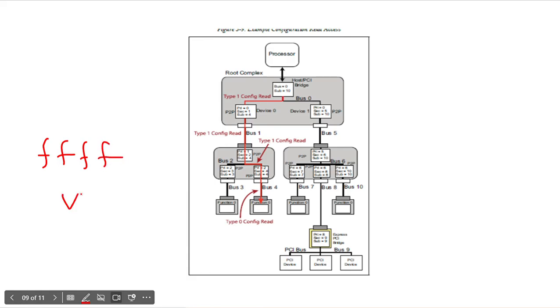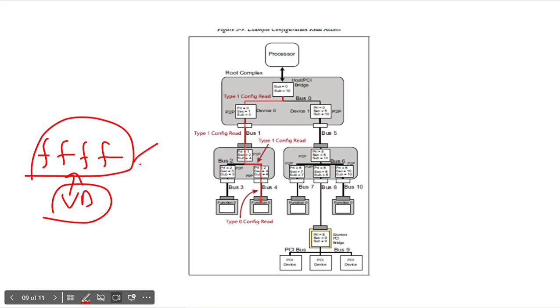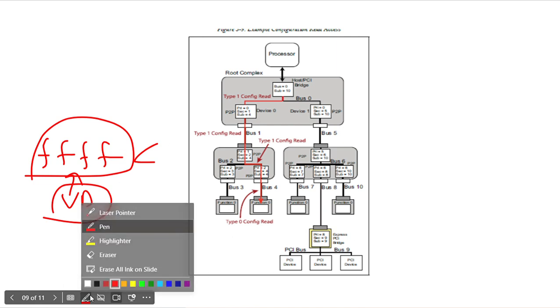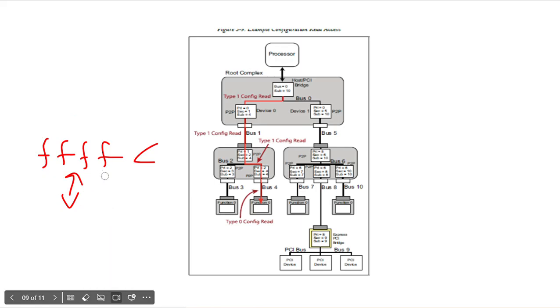Whenever the vendor ID is all F, it indicates the device is not present, because each vendor is assigned a different vendor ID with some unique value less than this value. Whenever the value is less than FFFF, the device is present.